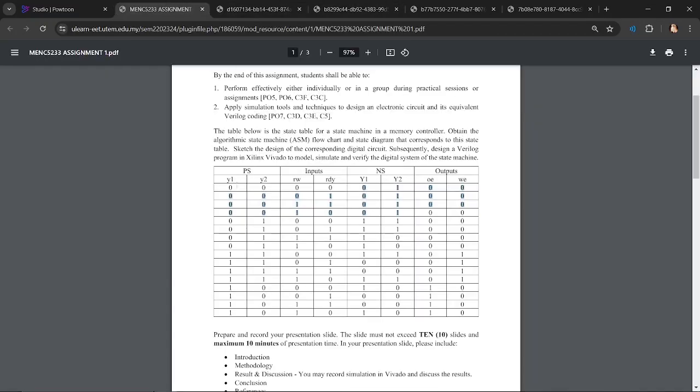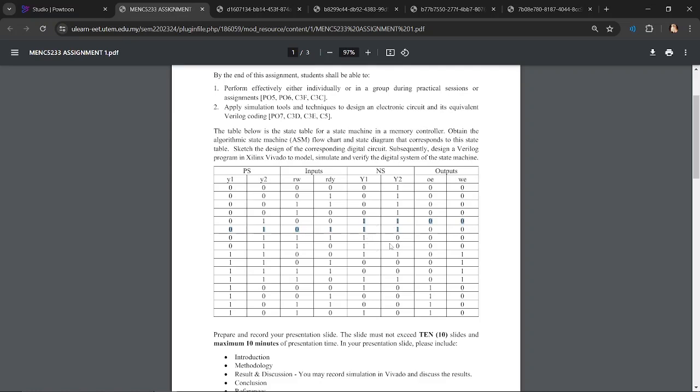When you're at S0, your output is 0,0. When you're at S1, your output is also 0,0. So no output yet. Once you're at S1, from S0 just now, your next state will be either 1,1 or 1,0.